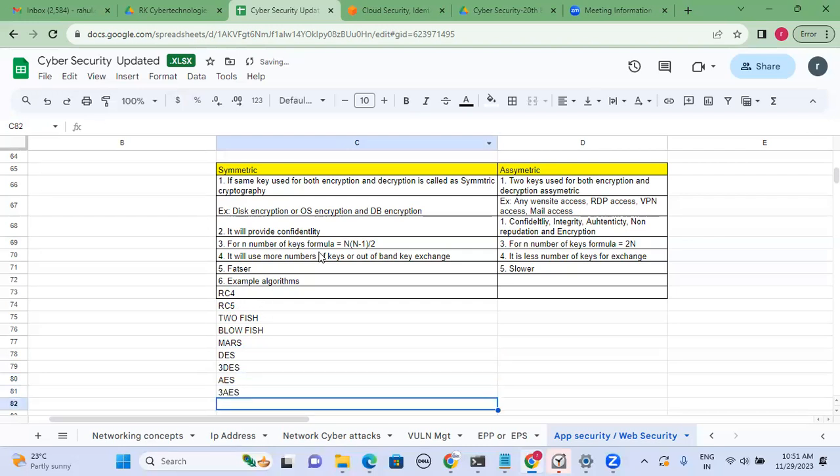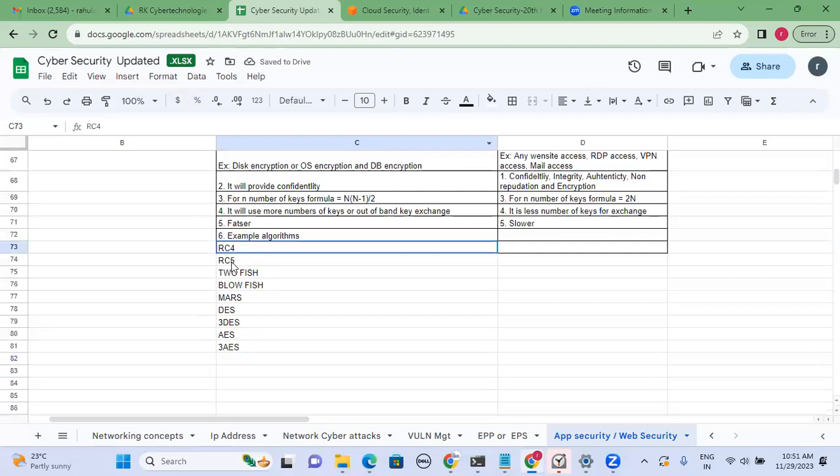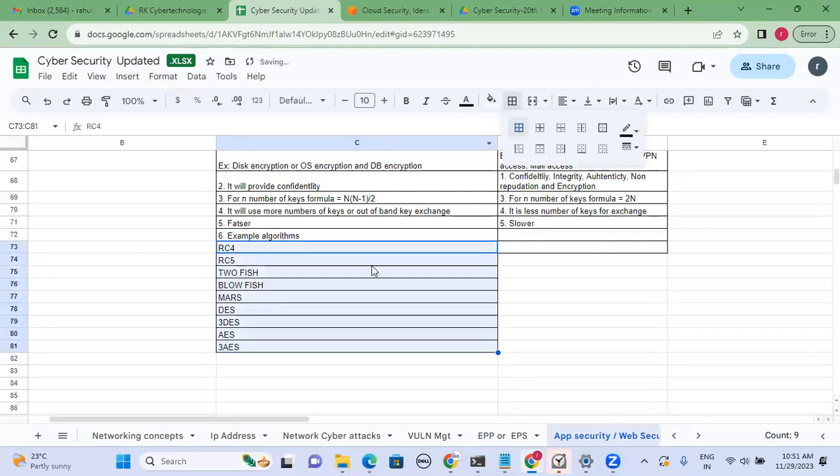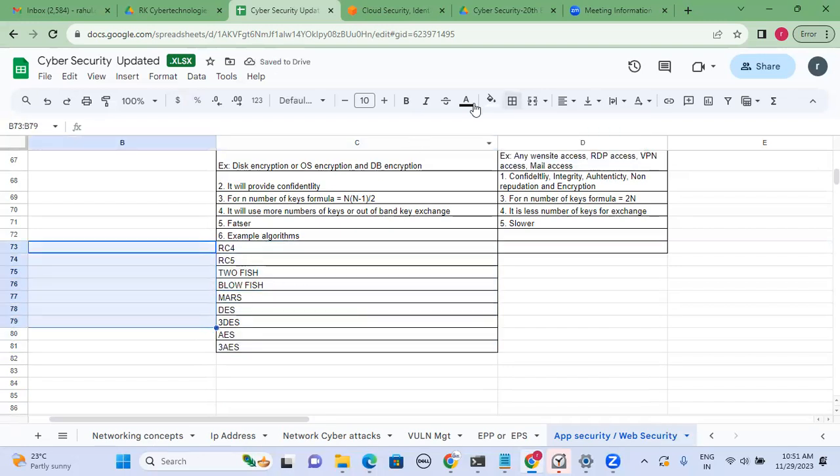So these are the example algorithms from the symmetric side. Out of all these, a couple of things are already legacy or outdated, those up to here. Legacy or outdated means we should not use that one. Already these keys are outdated.